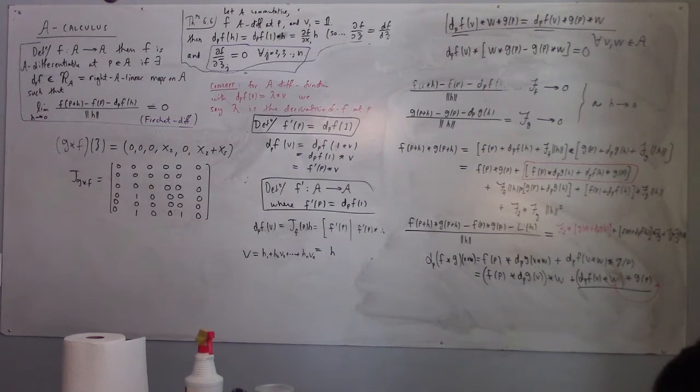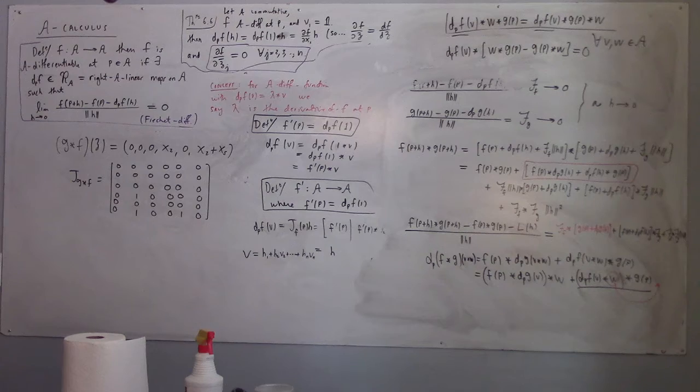Next up I have Theorem 7.4. If f is a function of A which is continuous on some open set containing zeta naught, and f is D2 differentiable at zeta naught, then f is D1 differentiable at zeta naught. Basically this is an antidote to the Dirichlet example.